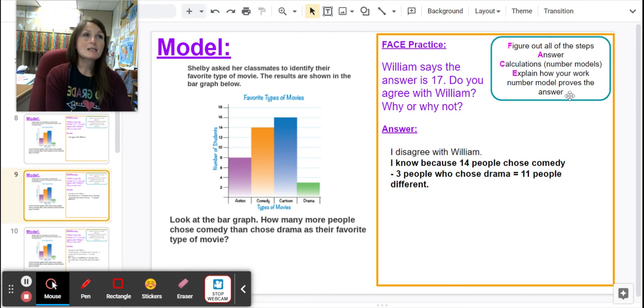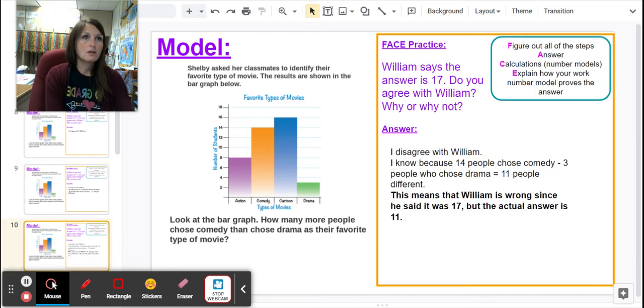Now I need to explain how that shows I disagree with William. How does this show that he was wrong? This means that William is wrong since he said it was 17, but the actual answer is 11. I told you my answer, I told you why it was my answer, and then I had to explain why his answer was wrong.